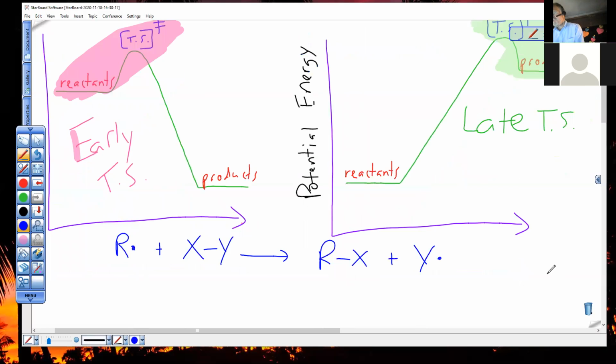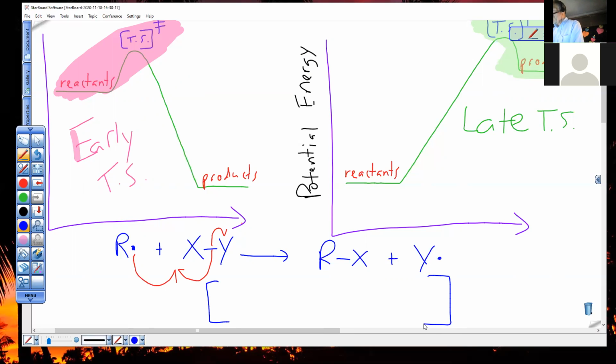And the mechanism works like this. And the transition state looks like this.